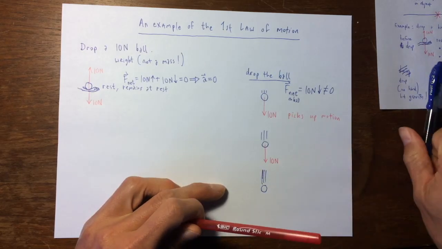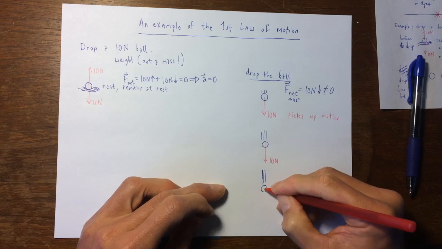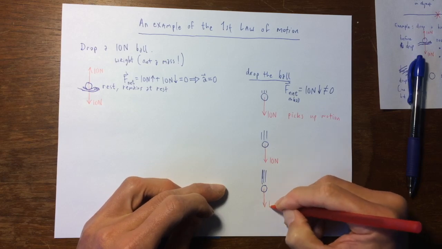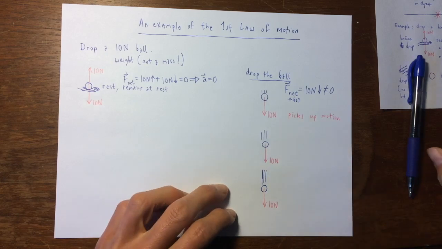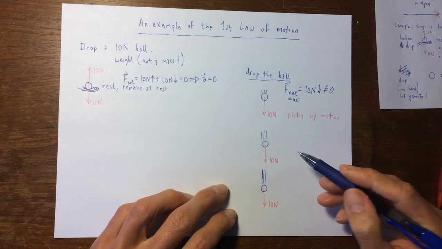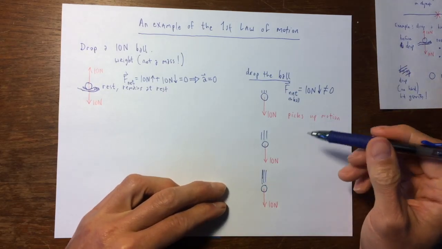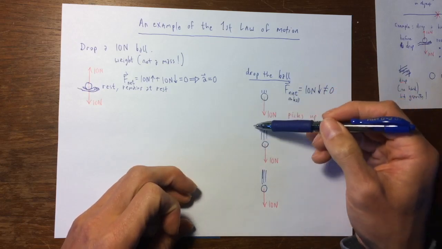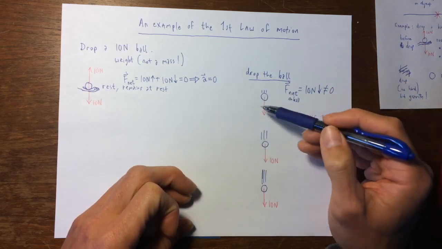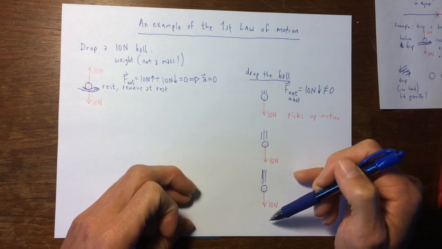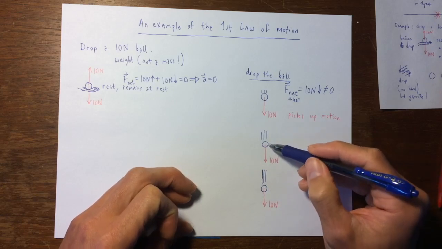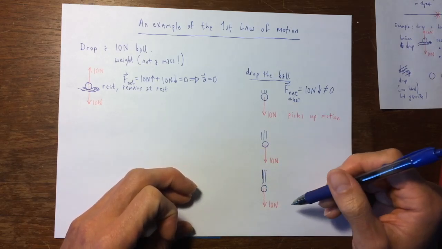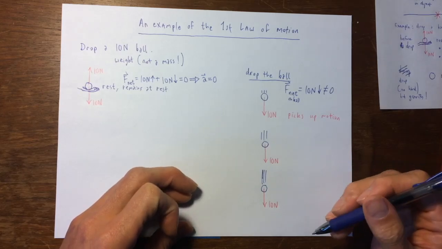And that's in fact what you notice if you do this experiment. Every time you check it, whenever the net force is not 0, the ball will be picking up speed in the direction of the net force.